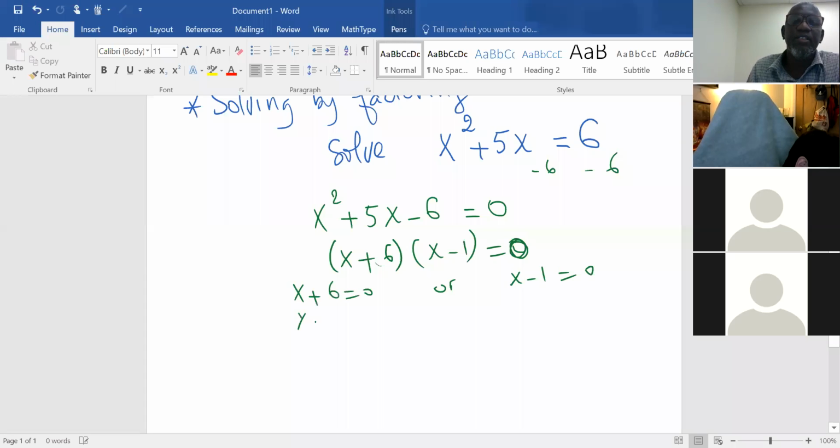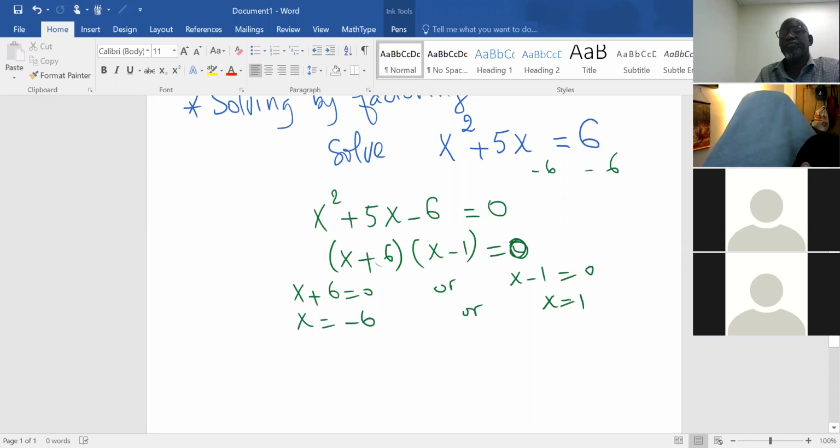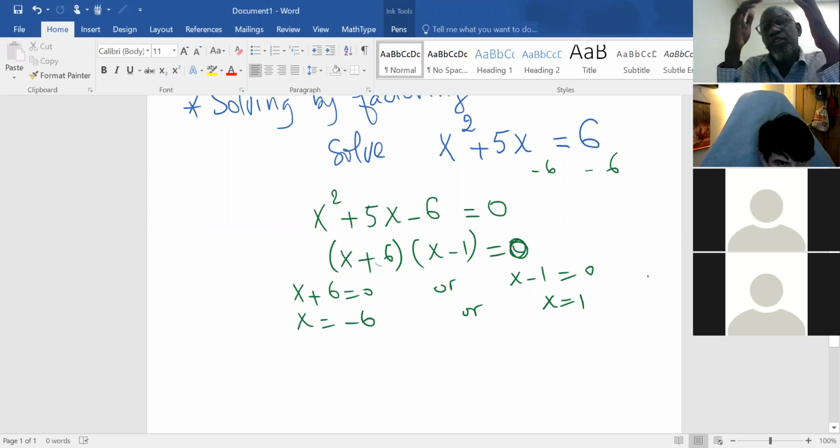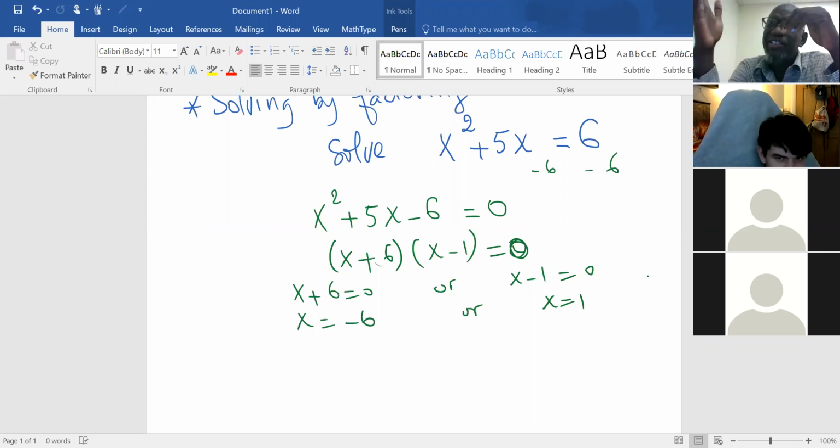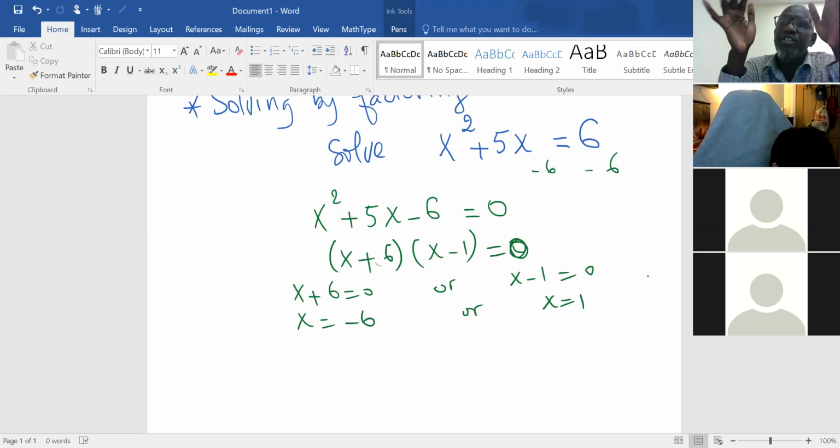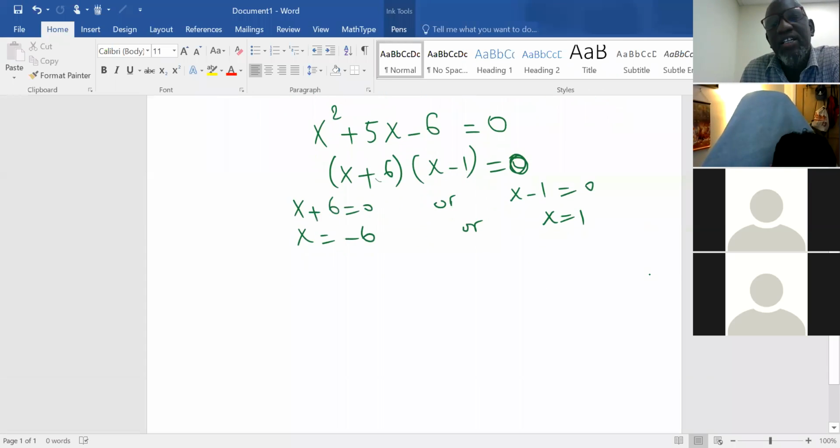So x equals negative 6 or x equals positive 1. That is a quick review of solving by factoring. Of course, this is 163, and we have to progress, so we will not dwell on that. This is just a review, the very first method. Now we have some examples which are harder to factor. For instance, solve by factoring.